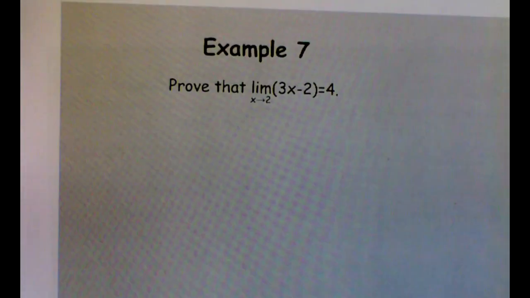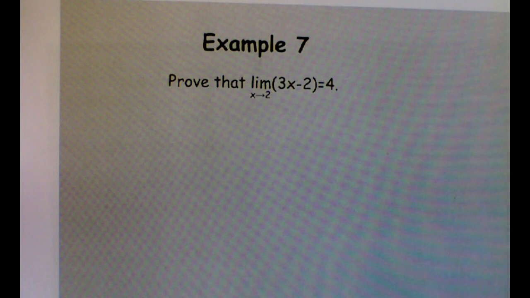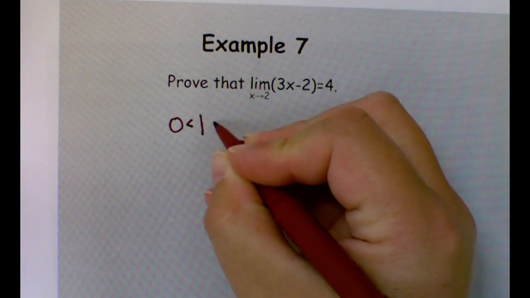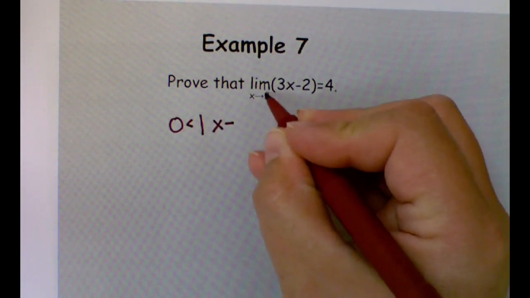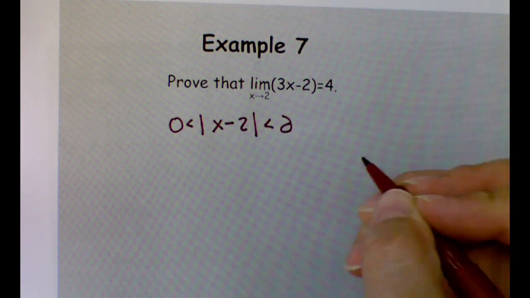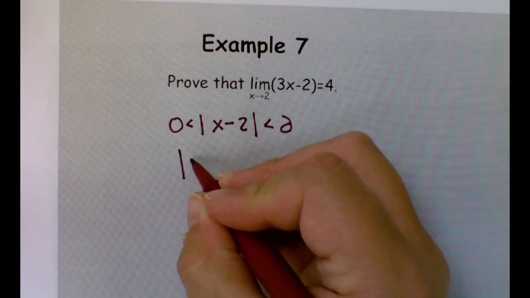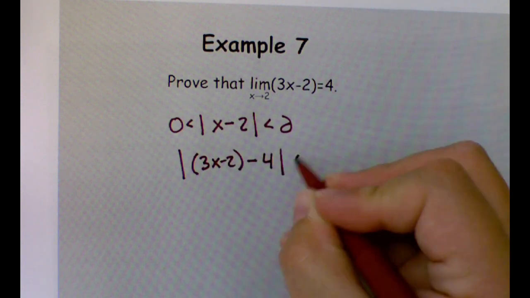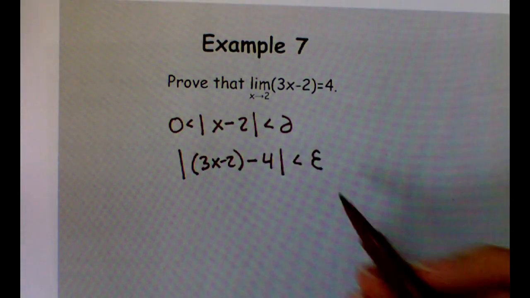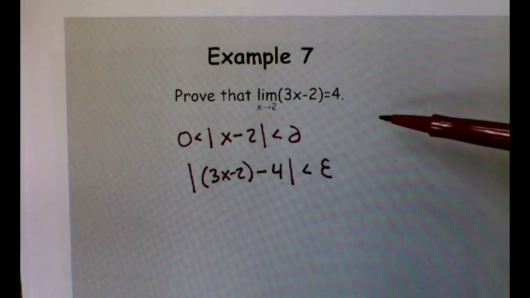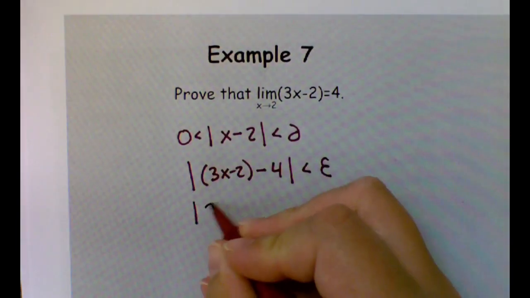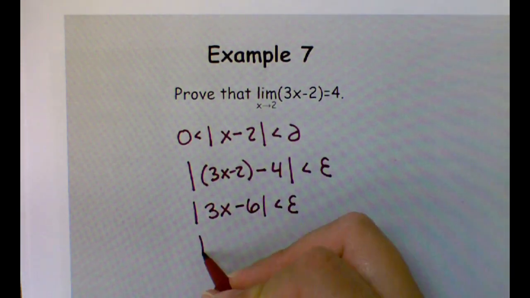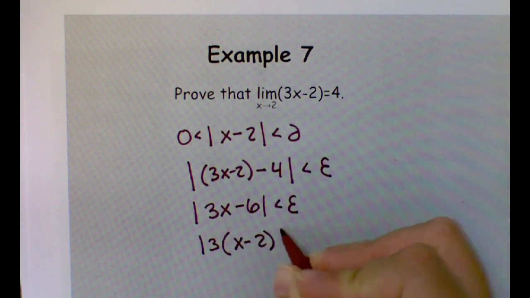We mostly use this to prove a limit. To use it to prove a limit, I take those two statements. So I'll take 0 is less than the absolute value of x minus c. c is that value I'm approaching, so 2 is less than delta. And the absolute value of f of x, which in this case is 3x minus 2, minus the limit, which is 4, is less than epsilon. If I can rewrite the epsilon portion to look like the delta portion, I'm there. So I combine my like terms, get the absolute value of 3x minus 6 is less than epsilon, factor out my GCF, which is a 3, times x minus 2.